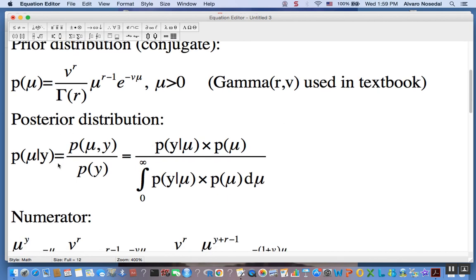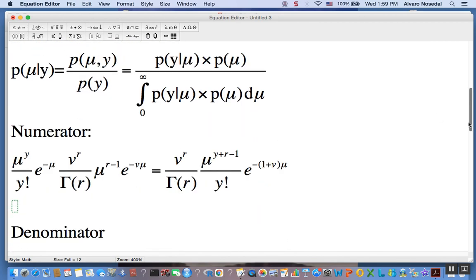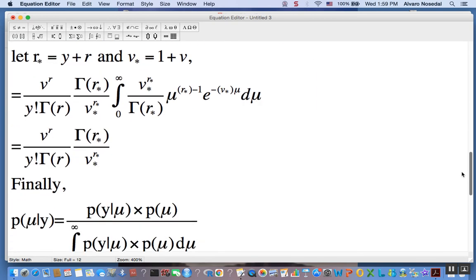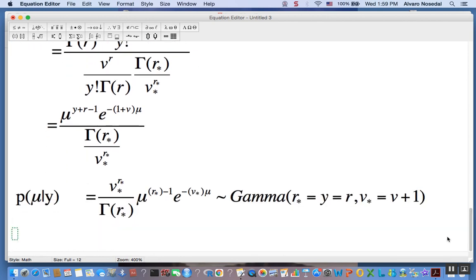We found the posterior distribution very carefully, step by step. We know that this is basically Bayes' theorem. So we found the numerator and then the denominator. And after doing the calculus and algebra, we were able to show that the posterior distribution, the probability of mu given y, has a gamma distribution with parameters r star and v star. Make sense? Oh, this should be r.